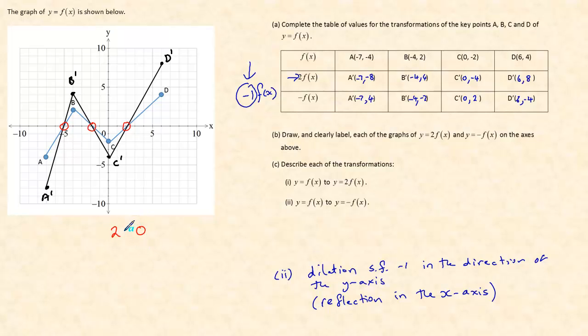And of course 2 times 0 is 0. So both functions have a distance of 0 from the x-axis at the points where they cross. But everywhere else, this one is twice as far away from the x-axis.